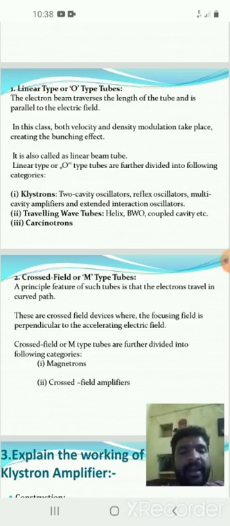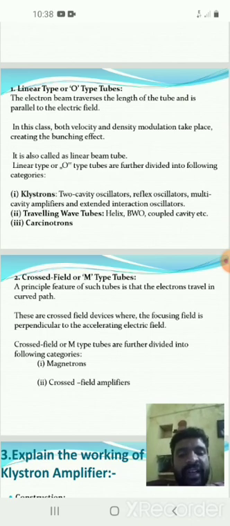In linear, the focusing field is parallel to the accelerating electric field. So in linear tubes, we can transmit along the tube. In crossfield tubes, the electrons travel in a curved path. In linear, the motion is parallel to the electric field. In a curved path, it is perpendicular to the electric field.